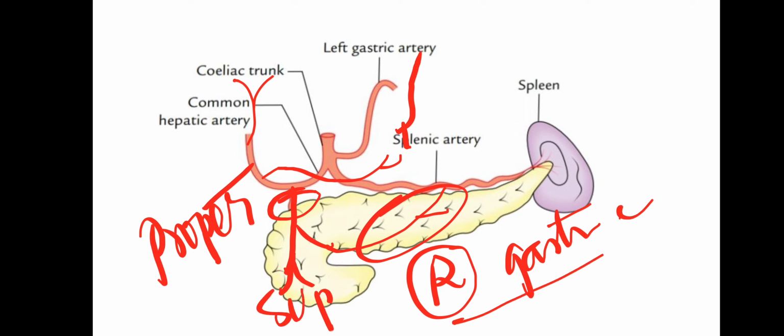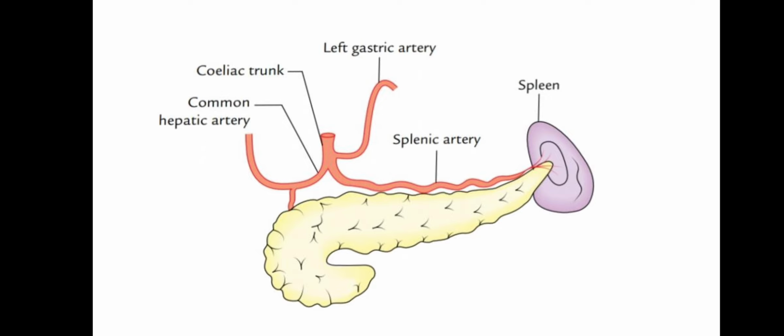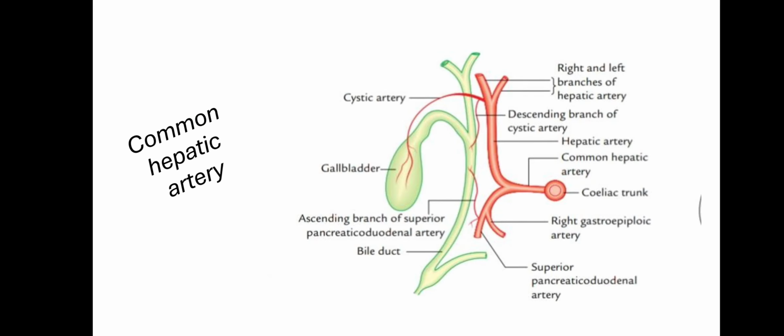So we have arrived at the answer. The right gastroepiploic artery is a branch from the gastroduodenal artery, which is in turn a branch from the common hepatic artery. But we will see in detail about the hepatic artery, which will be useful in other questions.